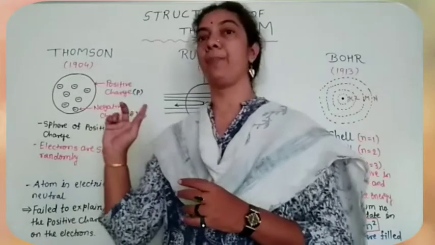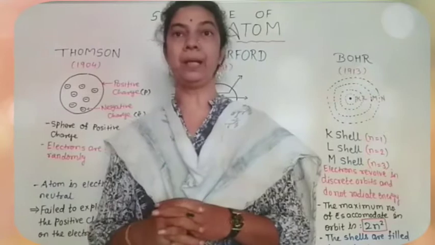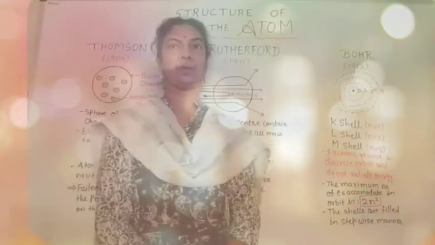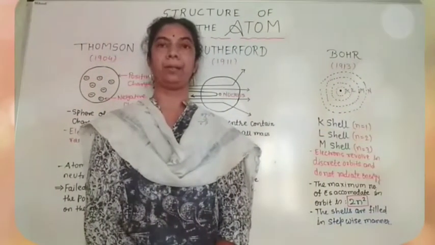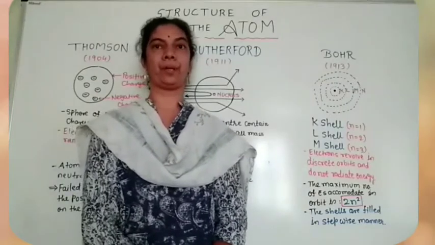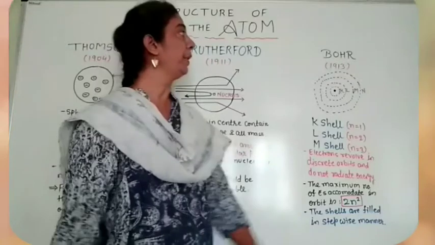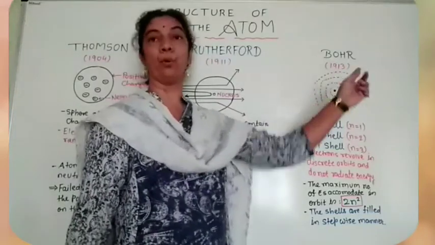And this drawback of Rutherford's model led to rejecting it, just as the drawbacks of Thomson's model had led to rejecting that one. Rutherford's model was overcome by the structure of the atom given by Niels Bohr.